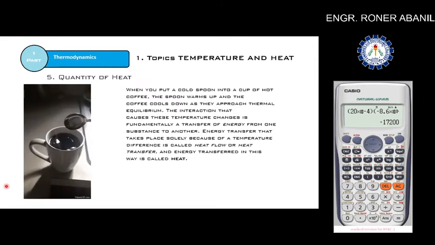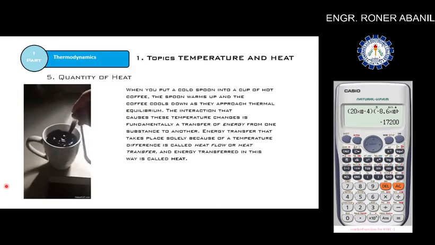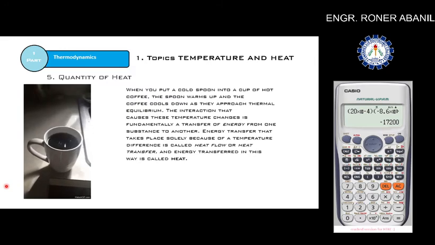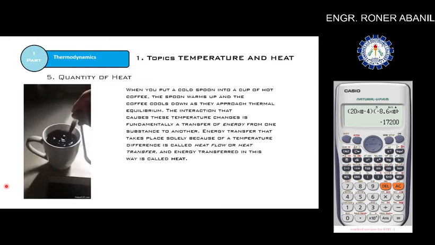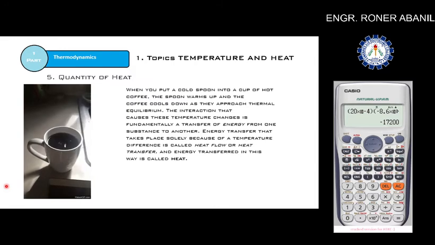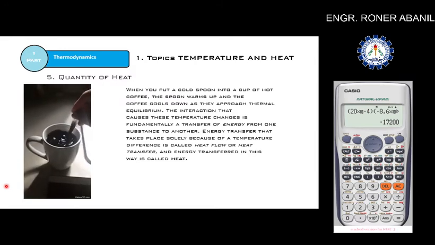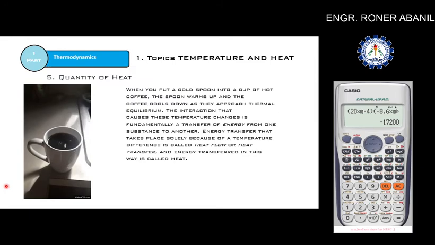Okay? Dito na tinatawag nating heat transfer. And the energy transferred in this way is called heat.